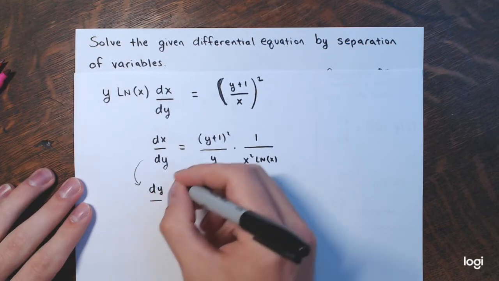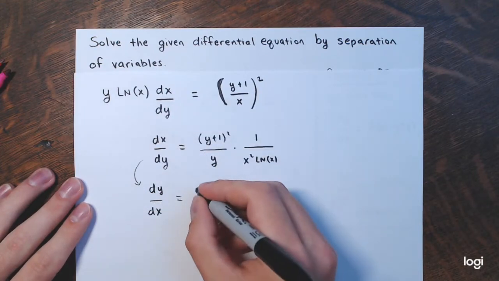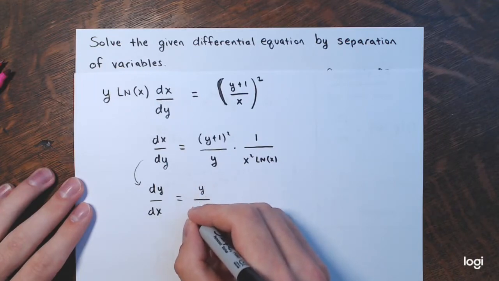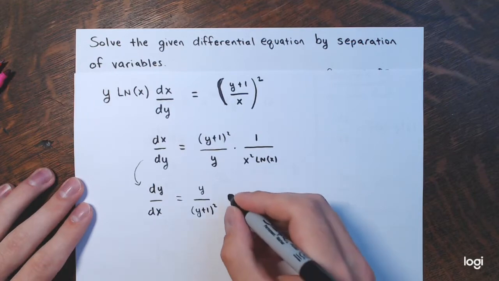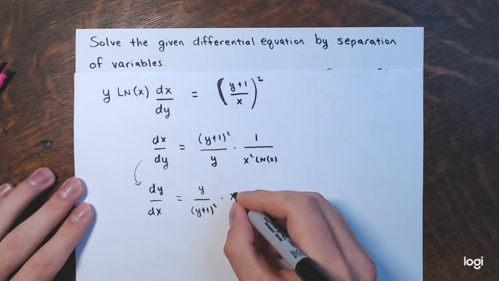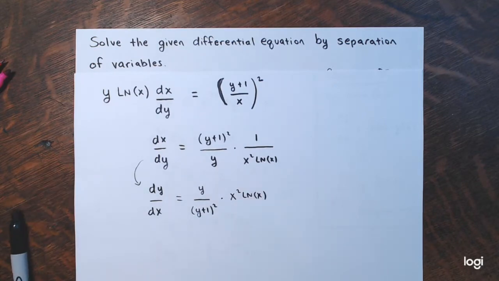You can just take the reciprocal of both sides. dy over dx then would be y over y plus 1 squared, and then times x squared natural log of x. And now hopefully you can see that it is definitely a separable equation.